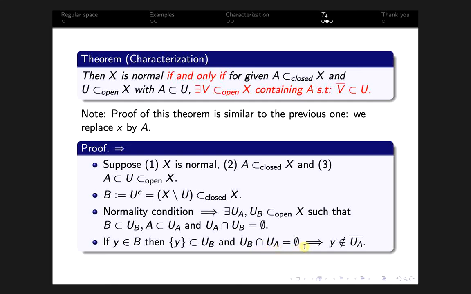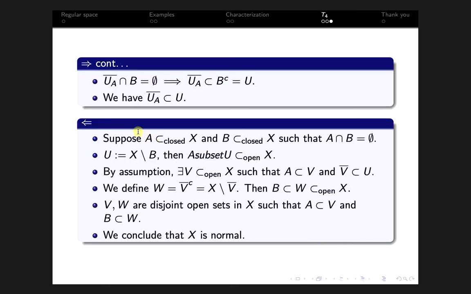This implies y is not in the closure of UA, that is UA closure intersection B equals the empty set. So UA closure is contained in B complement, and B complement is exactly equal to U. Therefore we have UA closure contained in U.